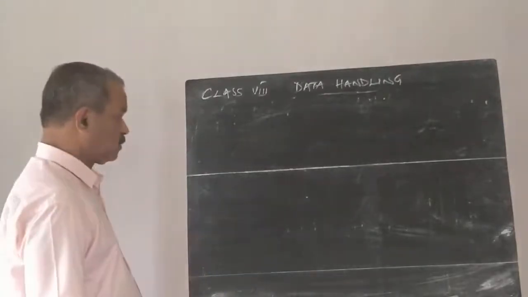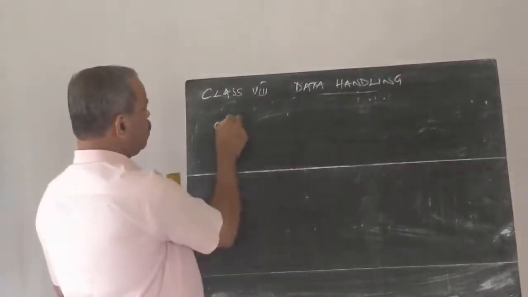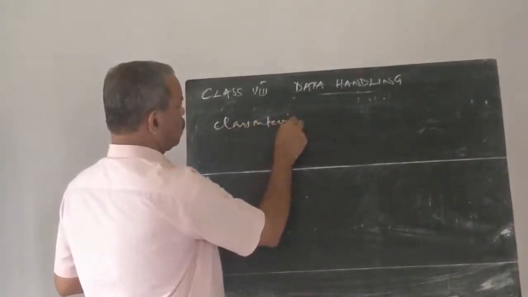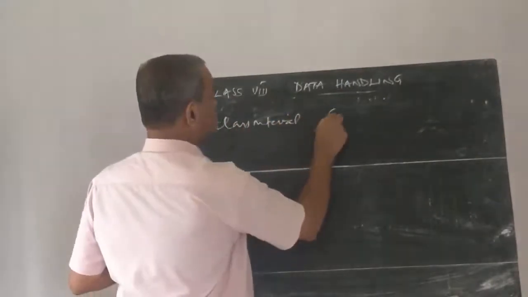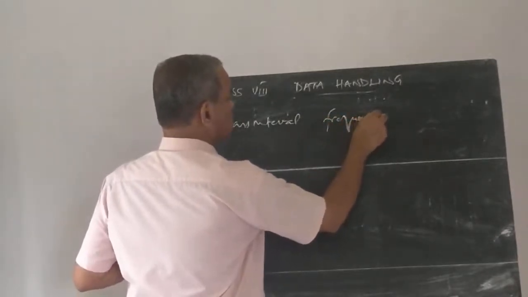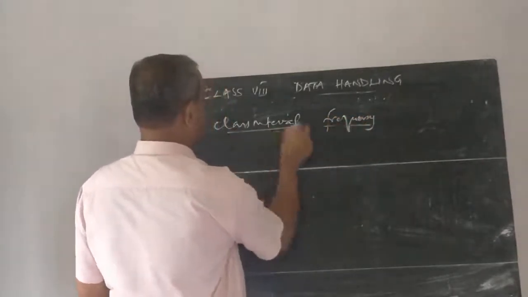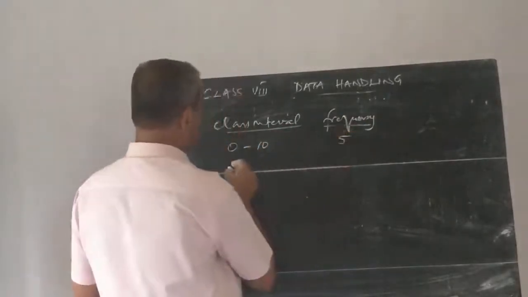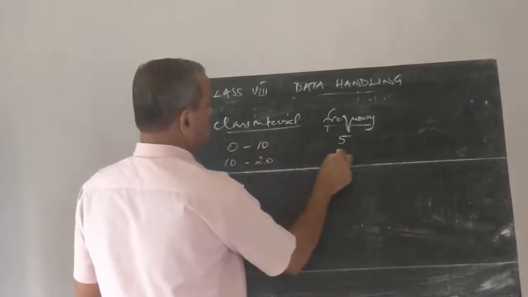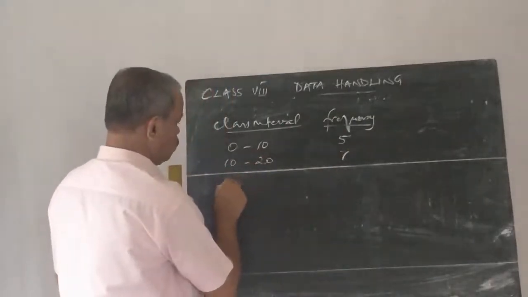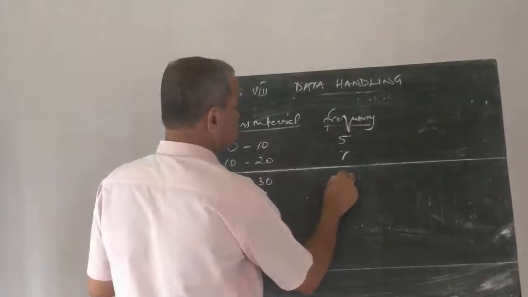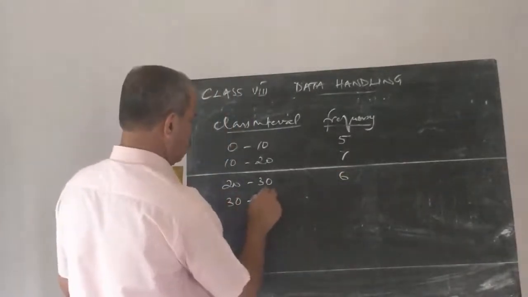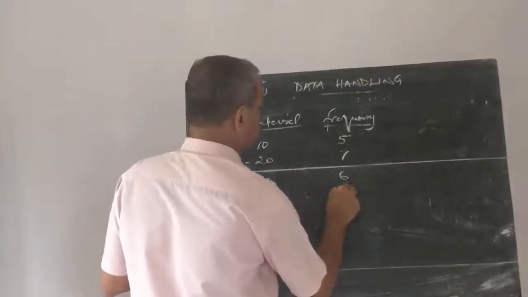See, consider for example this table: class interval, frequency. 0 to 10, 5; 10 to 20, 7; 20 to 30, 6; 30 to 40, 3.